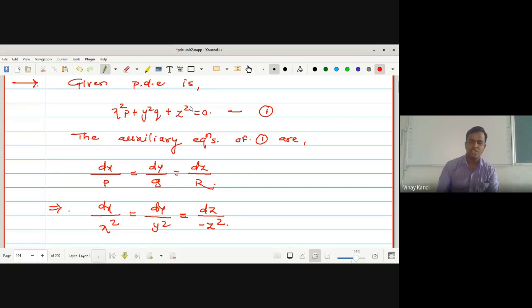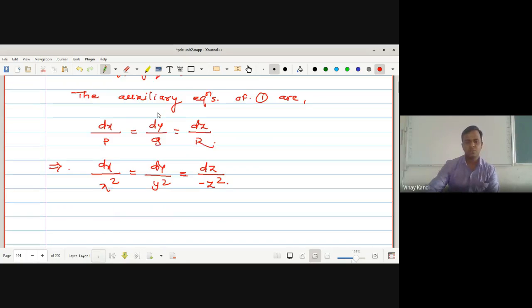Okay, your R will be on the right hand side, so dz upon minus z square. Now which ratios do we have to take? Consider the ratios dx upon x square is equal to dy upon y square.